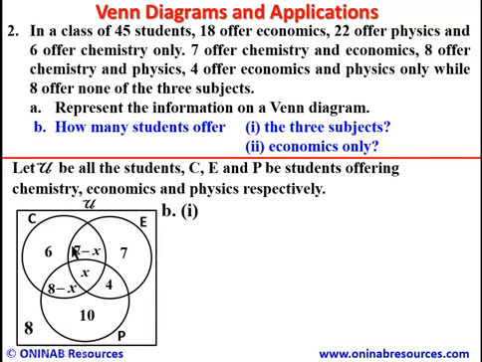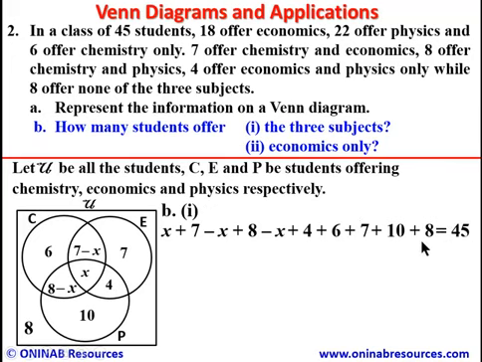So if we add all of them, it gives the number of students in the class. So we now have x plus 7 minus x plus 8 minus x plus 4 plus 6 plus 7 plus 10 plus 8 is equal to 45.